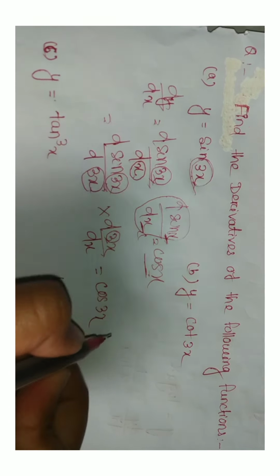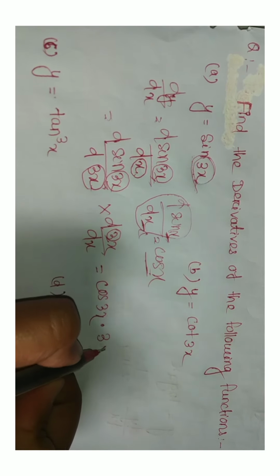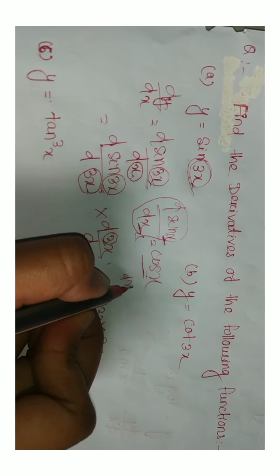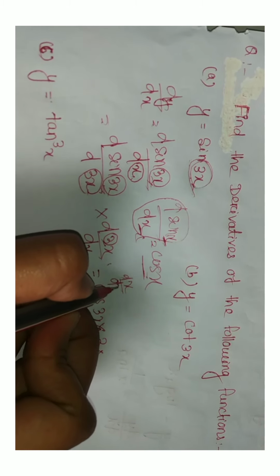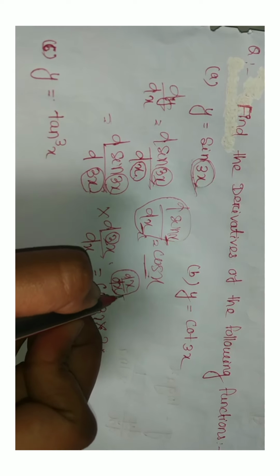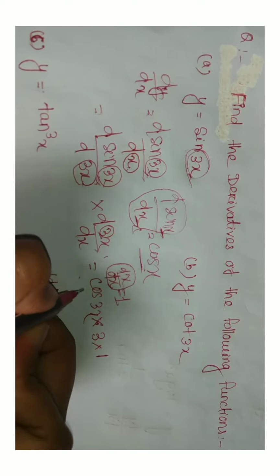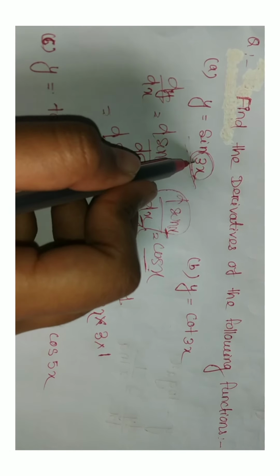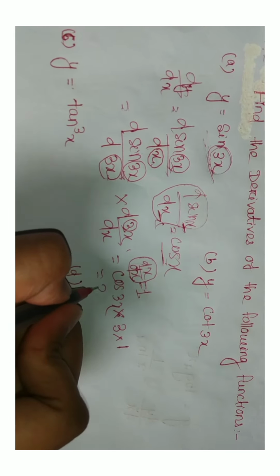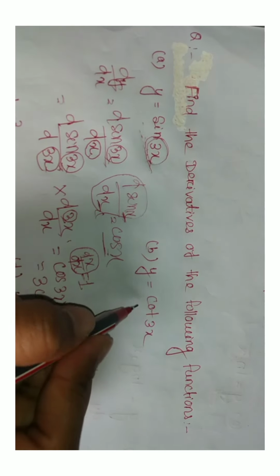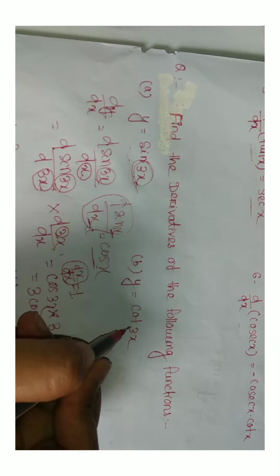Here 3 is a constant, so into 3 into the derivative of x with respect to x, that is equal to 1. So the derivative of sin 3x is equal to 3 cos 3x.